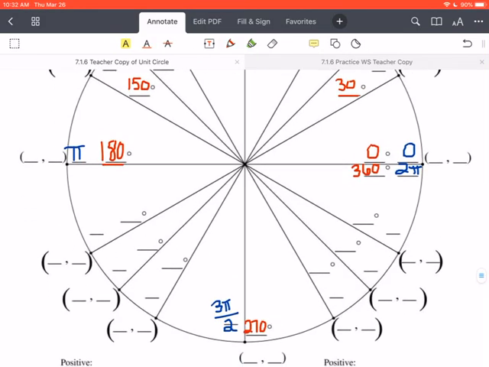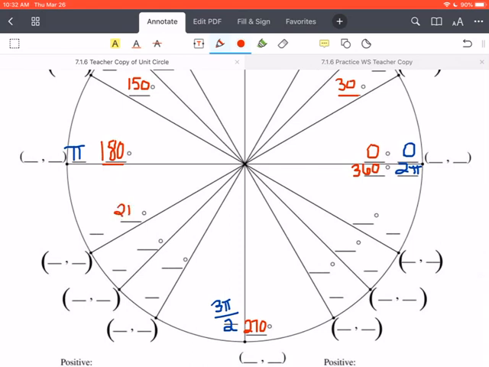Continuing on, we add 30 to 180, and we get 210, add 30 to 210, 240, add 30 to get 270, which we already have. Then we have 300 when we add 30, and then 330 to get us to our final destination, 360.